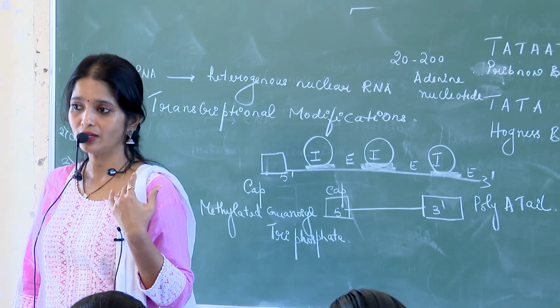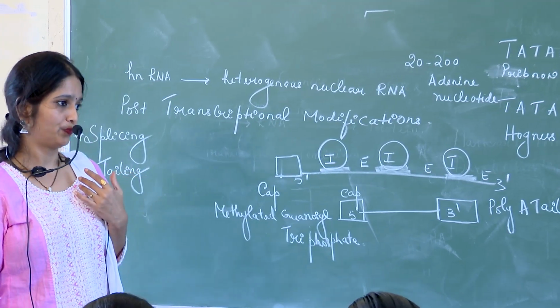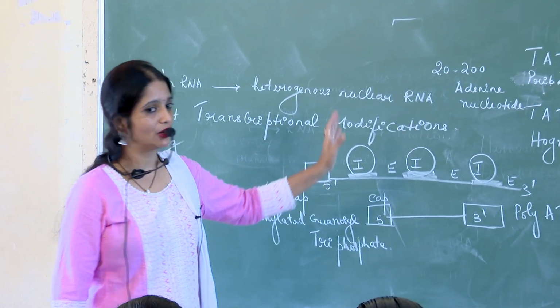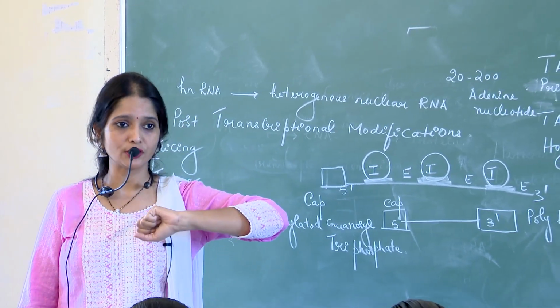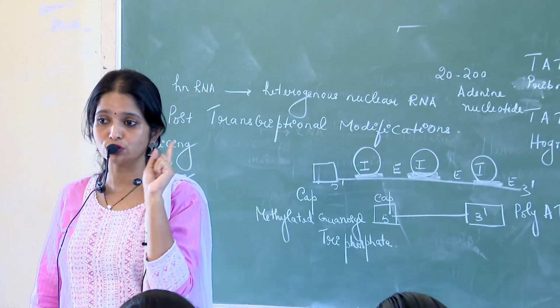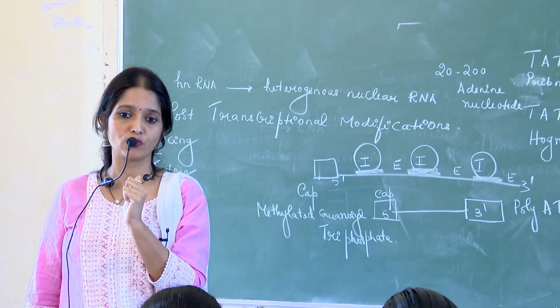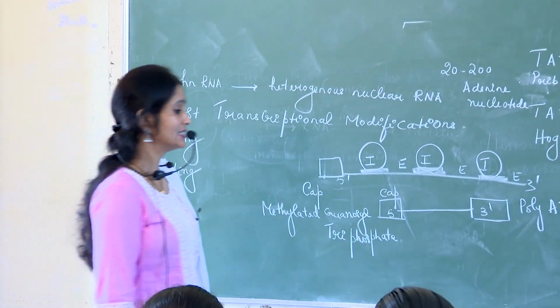Through which one? Nuclear pore. And then this RNA will go to which one? It comes to the cytoplasm. After that this RNA goes to the ribosome. For what? Protein synthesis.